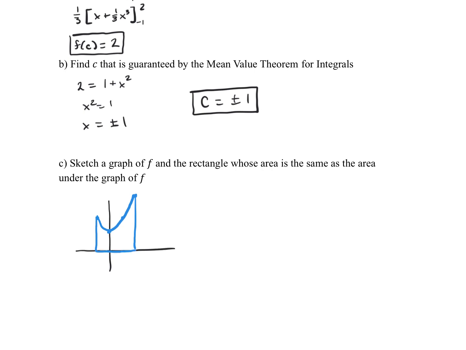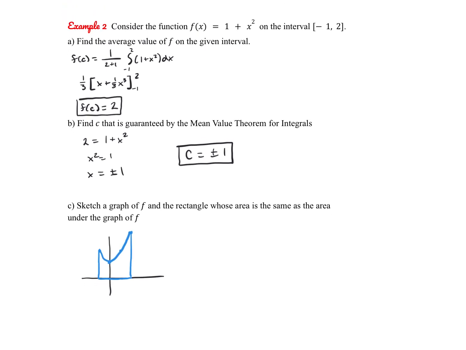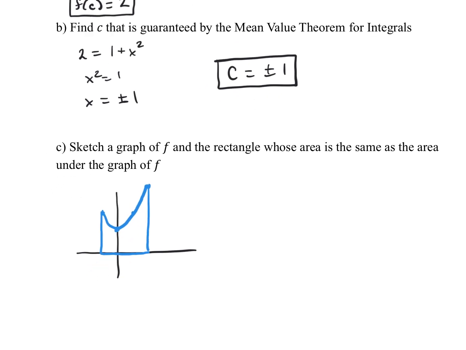So we already found that average value. We said that the average value is 2. So we know that at y equals 2, if I turn that into a rectangle with the same width, like this, the area of this rectangle, here in red, is equal to the area under the curve here in blue.